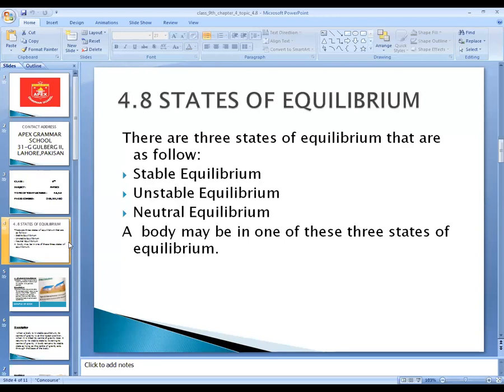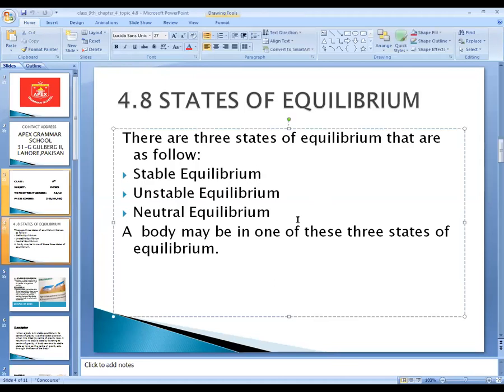There are three states of equilibrium: the first is stable equilibrium, the second is unstable equilibrium, and the third is neutral equilibrium. Our body will be in one of these three states: stable equilibrium, unstable equilibrium, or neutral equilibrium.